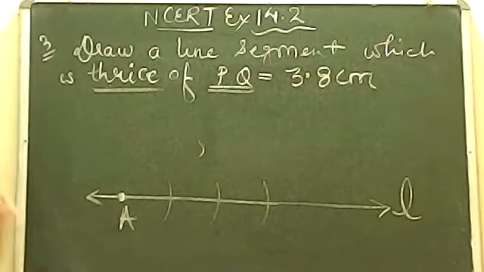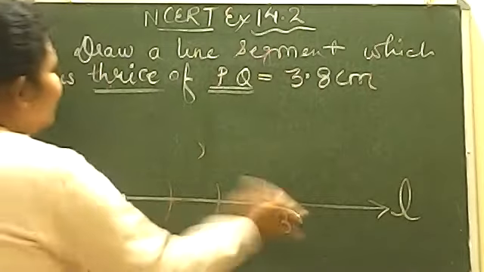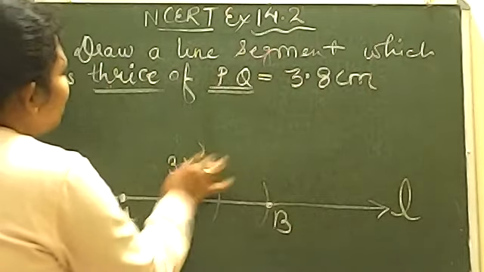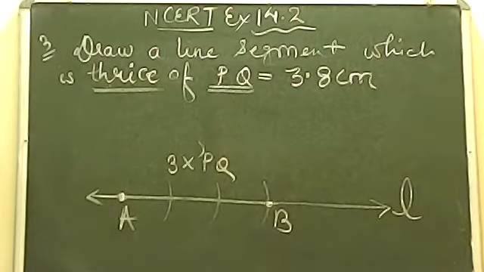Thrice means the name you will give it is B, and this is AB, which is thrice of PQ. It is finished.